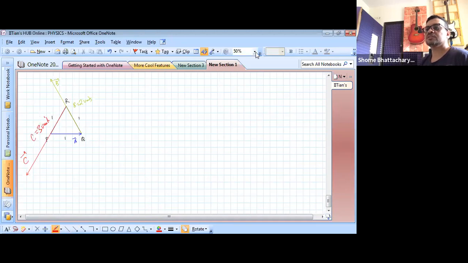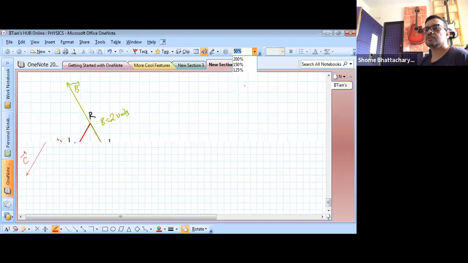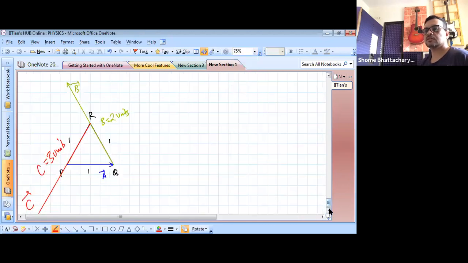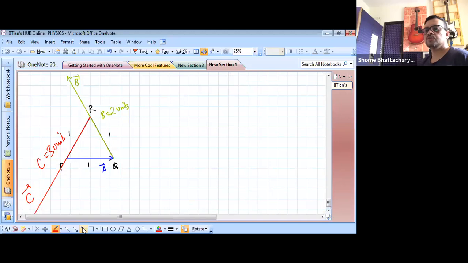But they are along the sides of the equilateral triangle, so their mutual orientation has to be like this, where you can see that this angle is 120 degrees and this angle is also 120 degrees. Now there are two ways of doing this.